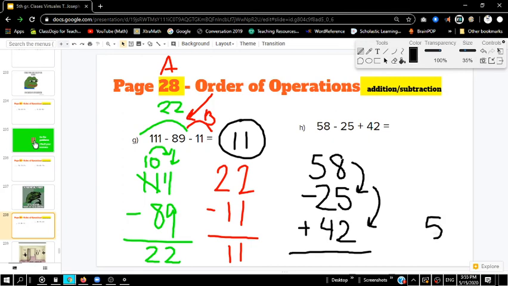So you'd have 5 right here. And then 5 minus 2 is 3. And then 3 plus 4 is 7, 75. You could do it like that if you really wanted to. But you can also separate the problem out into the two separate steps. Okay, so that's just a quicker way of doing it. Our answer is 75.